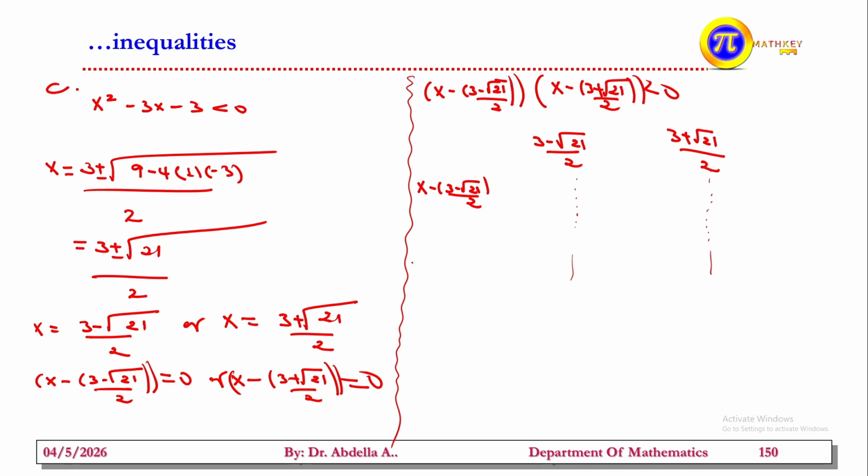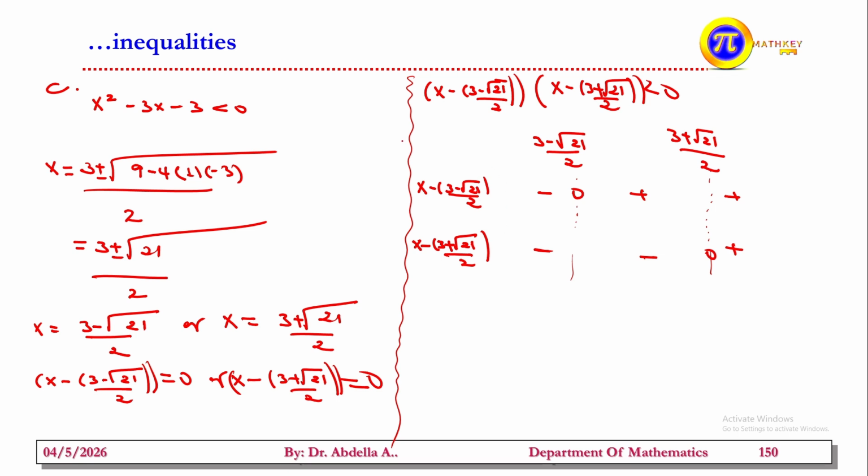The second case too, x minus 3 plus the square root of 21 over 2. At this point, x minus 3 minus the square root of 21 over 2 is 0. At the left of this means you have to take values at the left of this one. In that case it becomes negative. At the right it is positive. Take any values. As 3 plus the square root of 21 over 2, this becomes 0. At the left it is negative, at the right of it, it is positive.